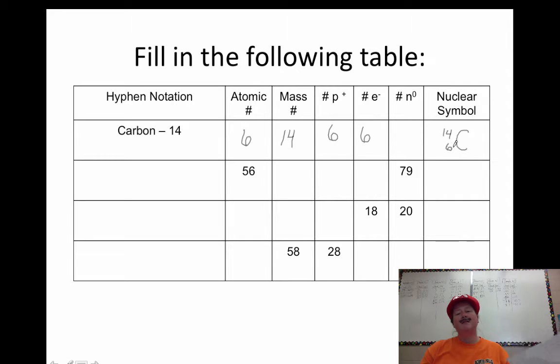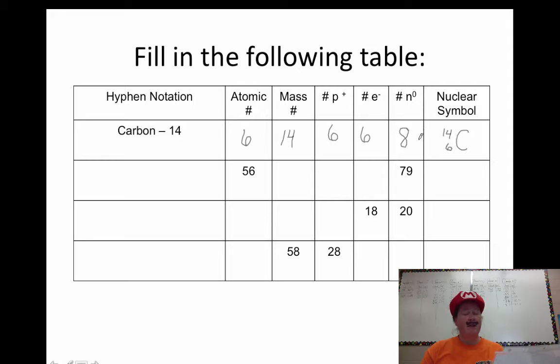Now remember, to get the number of neutrons, all we need to do is subtract the 6, the bottom number, from the top number. So in an isotope of carbon-14, the number of neutrons is 8. That's not the most common type of carbon.